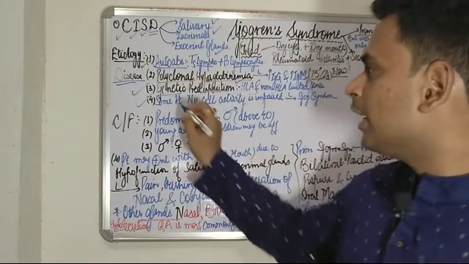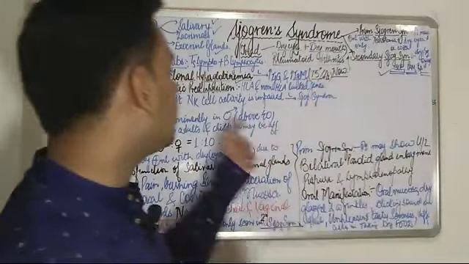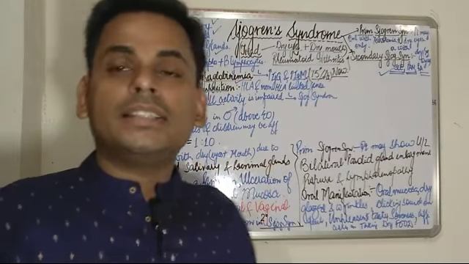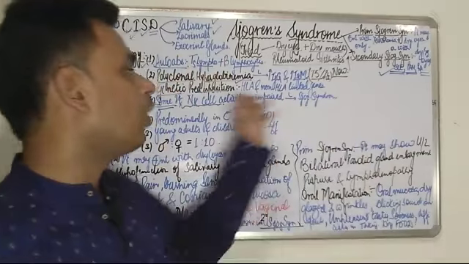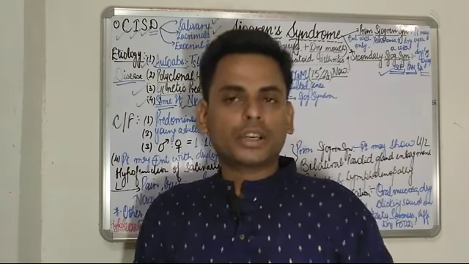Moving on to the fourth etiological factor, in some of the patients it is found that the natural killer cell, that is the NK cell, activity is impaired, which can further lead to Sjogren syndrome.